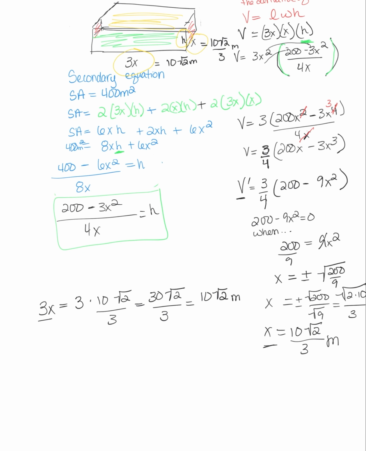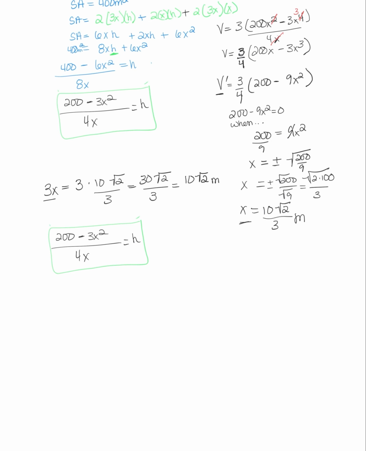Okay, so let's bring this down here so we have some more room. And we're going to be plugging in 200 minus 3, and then our x is, let's just do our original because we're going to be squaring this. So if we have 200 divided by 9, and that's all square rooted, well, now when we square it, it is going to be just the regular 200 over 9, right?